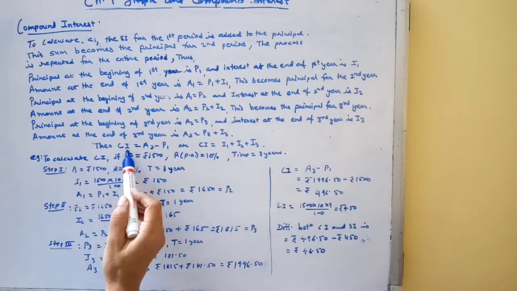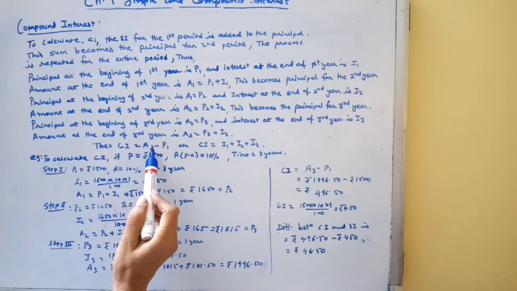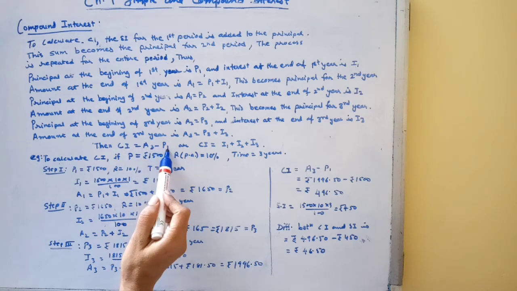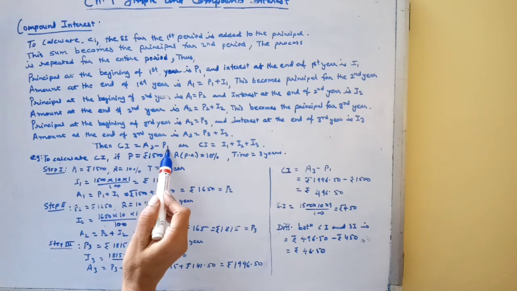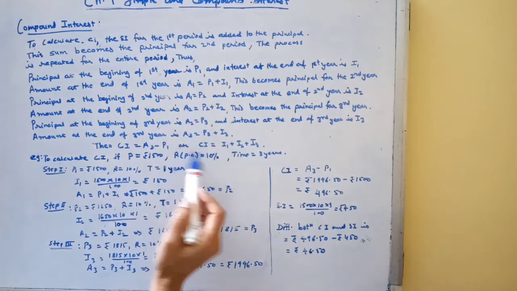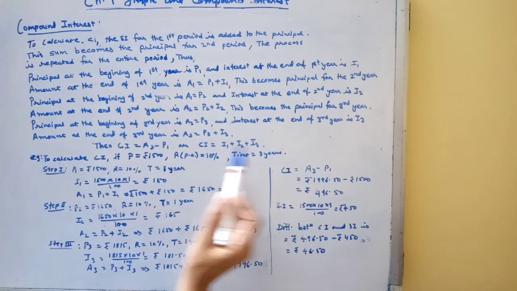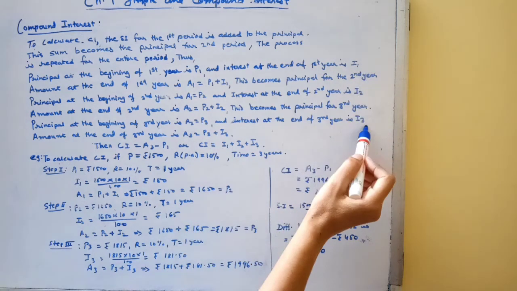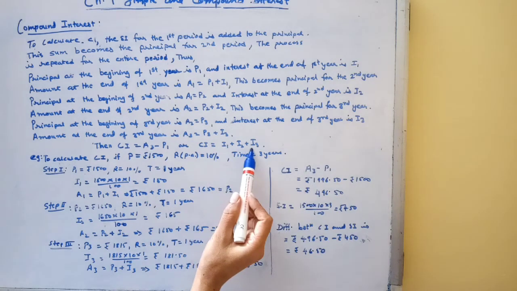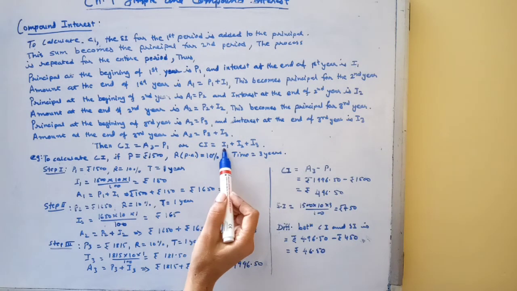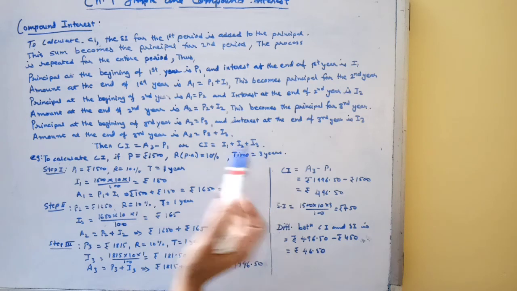Then compound interest is calculated using the formula amount 3 minus principal 1, that is the amount of the third year minus the principal of the first year. Or compound interest is calculated by adding these three interests, that is interest 1, interest 2 plus interest 3: the interest of the first year, the second year, and the third year.